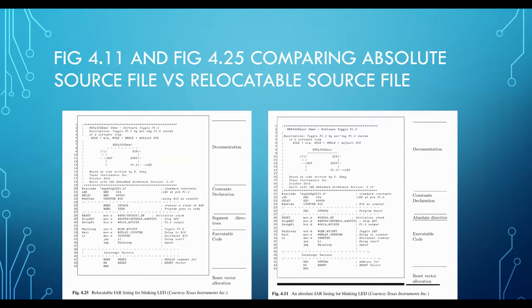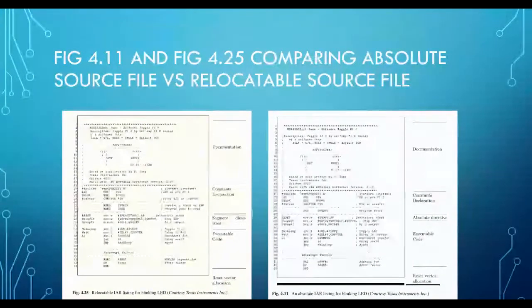Now, most of the MSP products have the reset address at this point, but sometimes you might want to use different models. That's where you have the problem, and it's better to allow the linker to assign it automatically. So you can see the difference is this part.